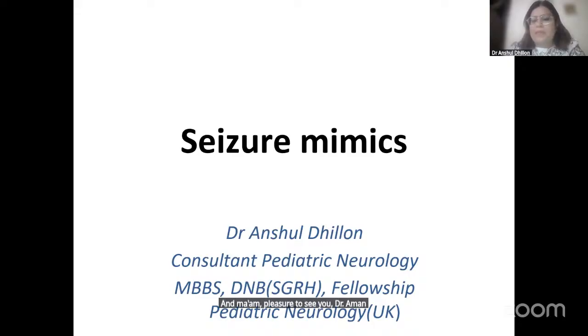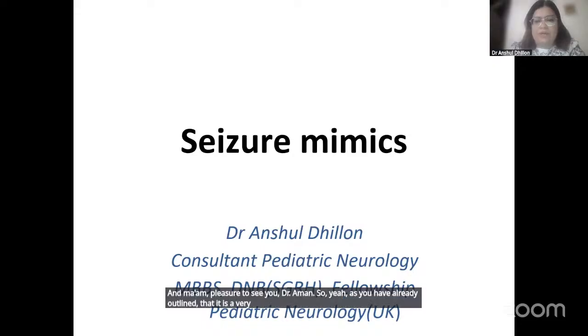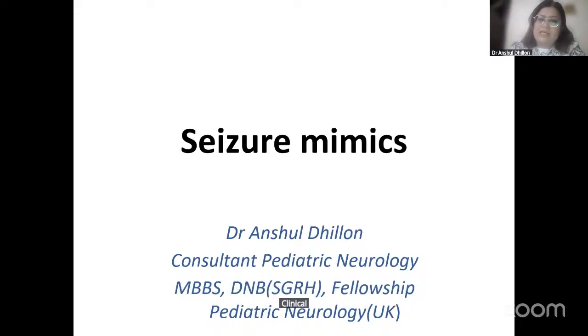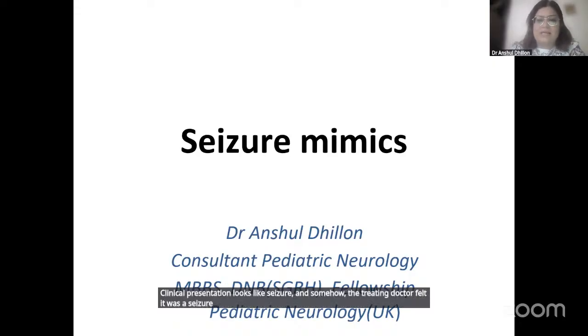So, as you have already outlined, it is a very, very important topic in pediatric neurology. Every day we see children presenting with a seizure-like clinical picture, and somehow the treating doctor felt it was a seizure and started anti-seizure medications which the child did not need.